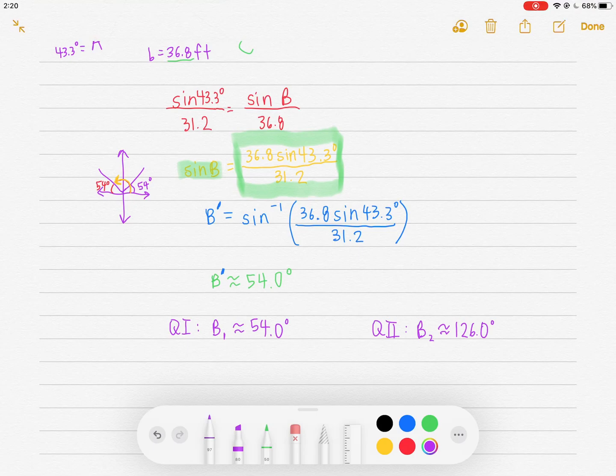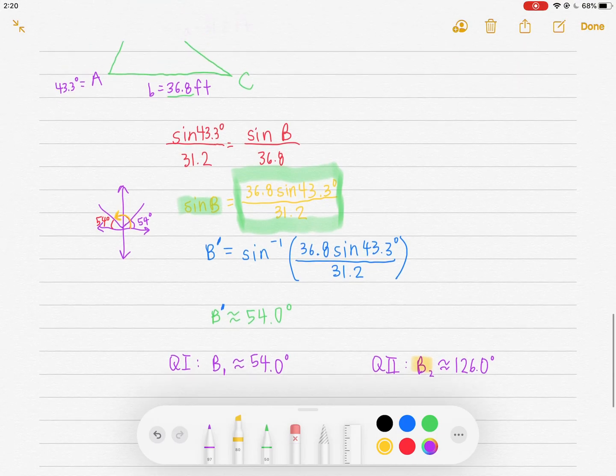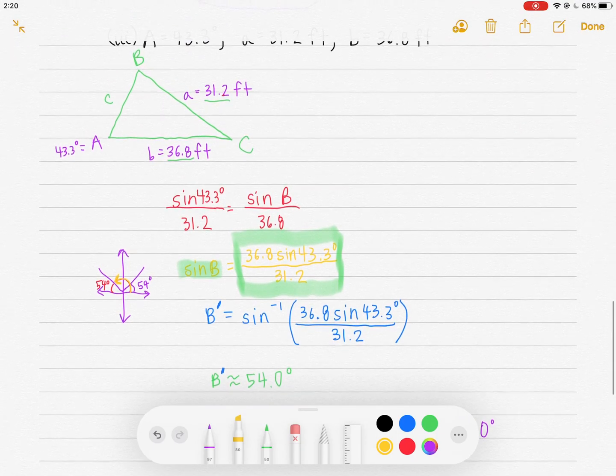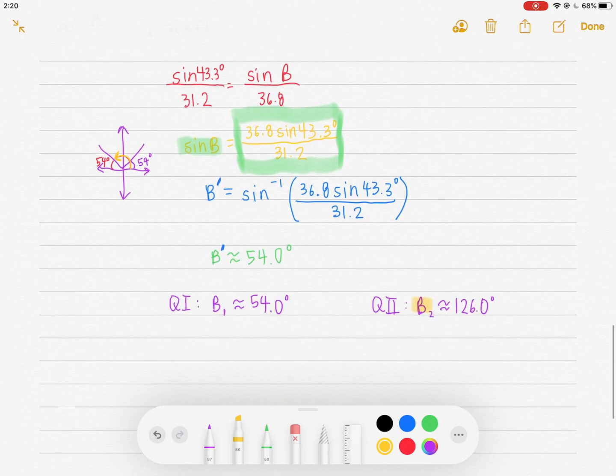Okay, so the question right now is, can this B2 work in our triangle? We knew big A to be 43.3 degrees. We just found two big B's, a 54 and a 126.